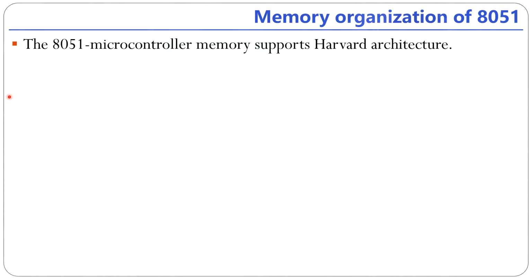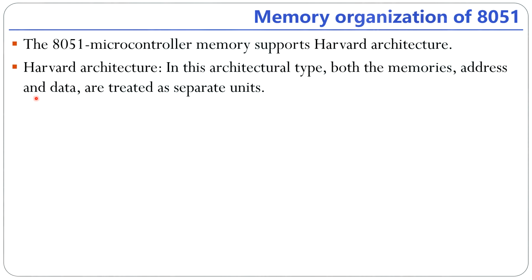Memory organization of the 8051 microcontroller. First of all, the 8051 microcontroller memory supports Harvard architecture. In this type of architecture, both the memories, program and data, are treated as separate units.